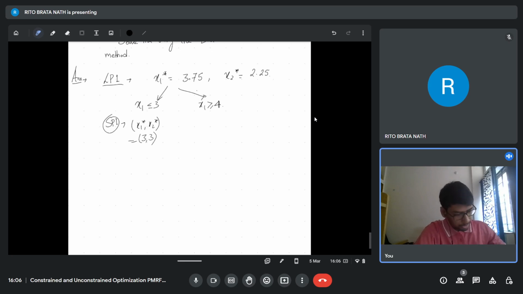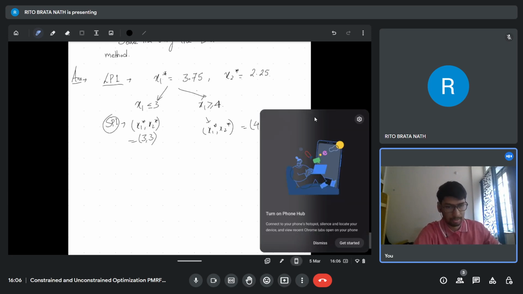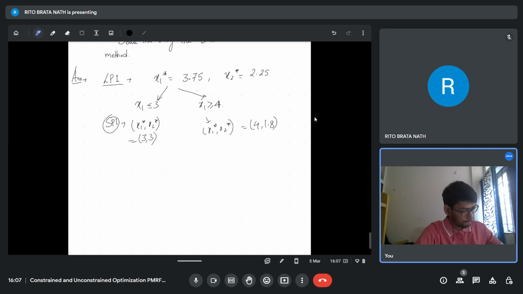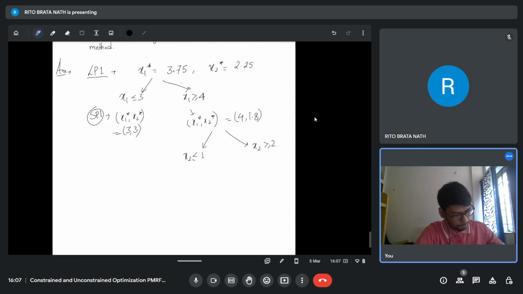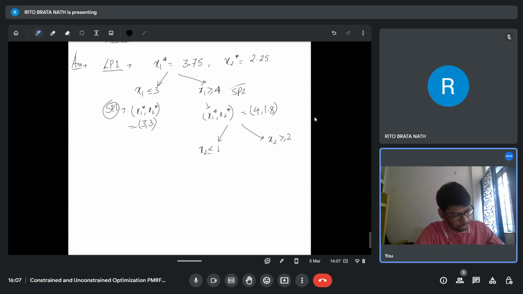And from the other portion, you will be left with x1 star, x2 star equals 4 and 1.8. So you can again branch based on this one. One of the branches will be x2 less than equals 1, and the other will be x2 greater than equals 2. So this is subproblem 2.